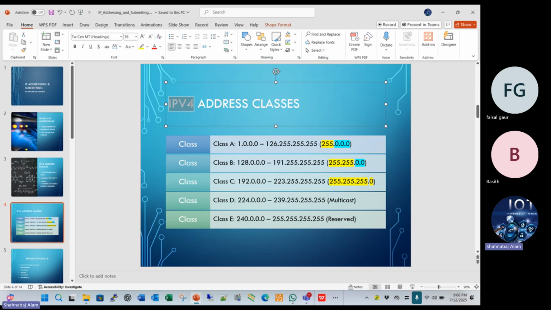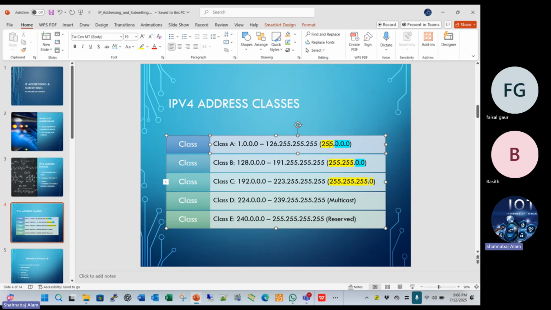Because IP version 4 has 32 bits, which means 4 octets, and each octet is 8 bits.